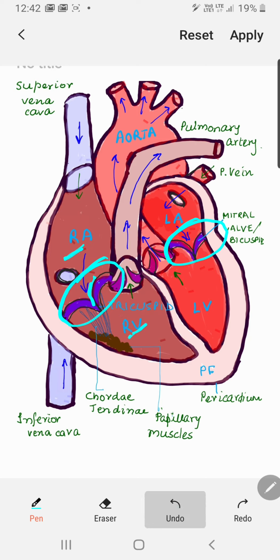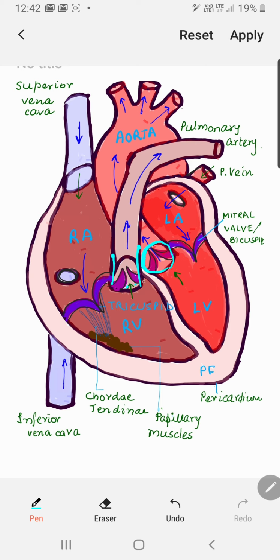Apart from these two, which are present between auricles and ventricles, one more pair of valves is present. One is at the emergence of the pulmonary artery, the purple shaded ones, and the other one is at the emergence of the aorta. These control the backflow of blood, so there shouldn't be backflow of blood into the ventricles. Once the blood is thrust out, the valves will be closed.